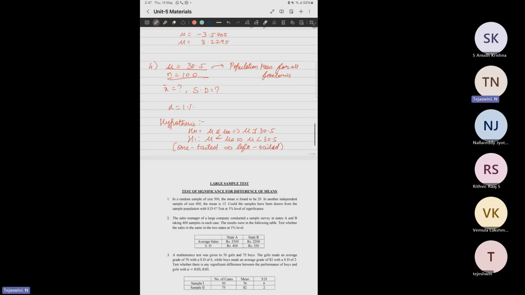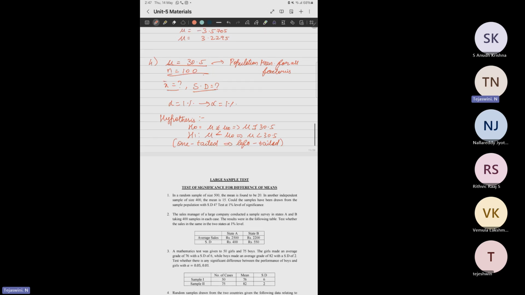We have to find its sample mean, sample standard deviation, and then we have rho. And the level of significance is 1%, that is given. Then we have to set the hypothesis. The general hypothesis, H naught, will be mu is not equal to mu naught, that is mu is not equal to 30.5. Here, since we have the keyword less, it should be mu less than mu naught.